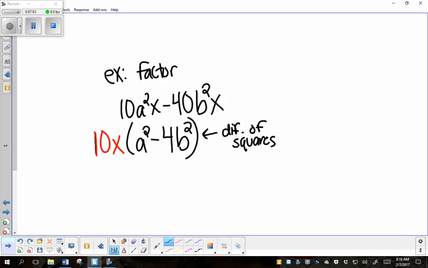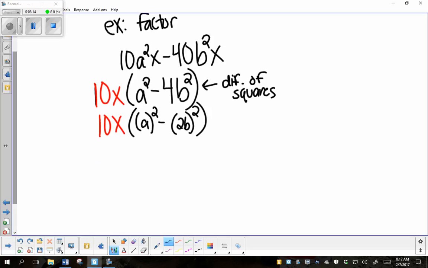So I'm going to try and rewrite it. I got my 10x sitting out here. Don't forget to bring that guy down. This is really a squared minus 2b squared. So I rewrote what was in the parentheses as 2 things squared. So I kind of broke it down to the square roots of each of those things.